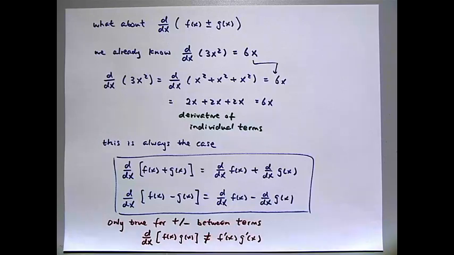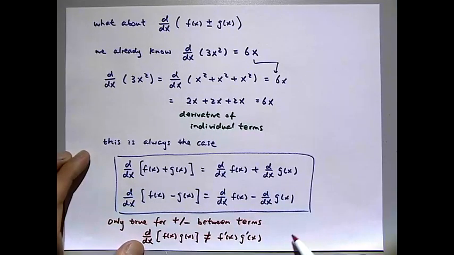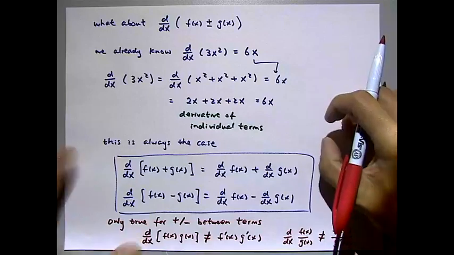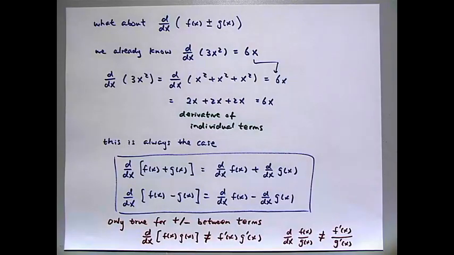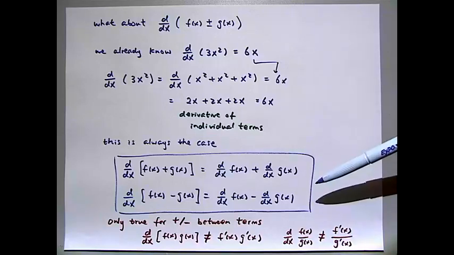There's a different rule which we'll look at later. It is not equal to the individual derivative multiplied together. Same thing with division. F over g, it is not equal to the derivative individually and then put them over one another. That's got a different rule to go with that, and we'll look at those rules later on. For now, just keeping things simple, this is how we handle things added to or subtracted from each other.